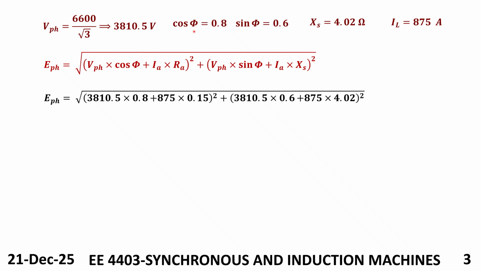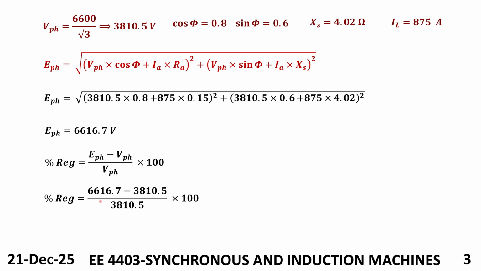As we already explained how to find cos phi, from that we get sin phi. On substituting all the values in this formula, we calculate E phase as 6616.7 volt. With that, the percentage regulation can be obtained, and we obtain the percentage regulation as 73.6.